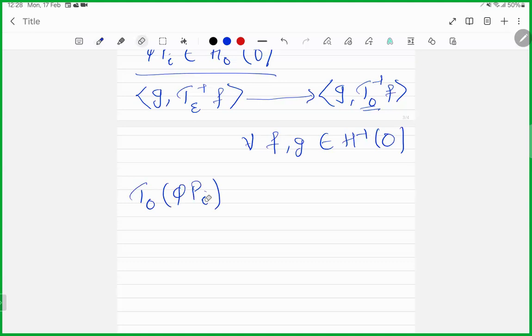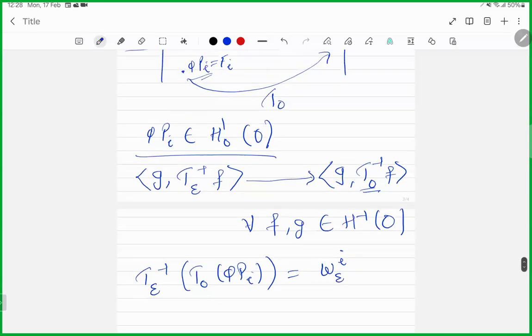Let me write it again: T epsilon inverse composition T naught of phi pi. This is W epsilon I.